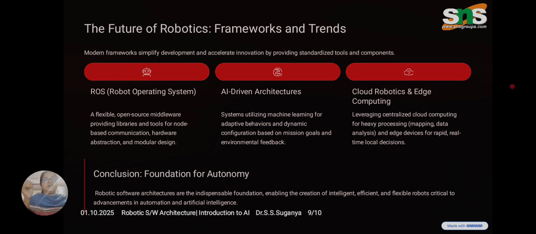AI-driven architecture uses machine learning to adapt dynamically to changing environments. Cloud robotics and edge computing combine the power of the cloud with fast local edge decisions and efficiency. These are the trends that shape the future of intelligent and autonomous robot development.